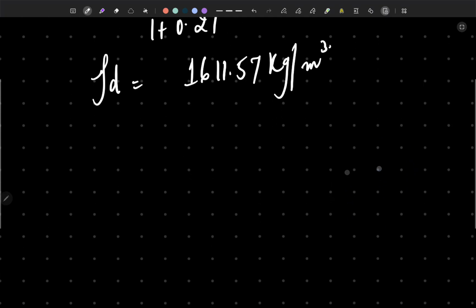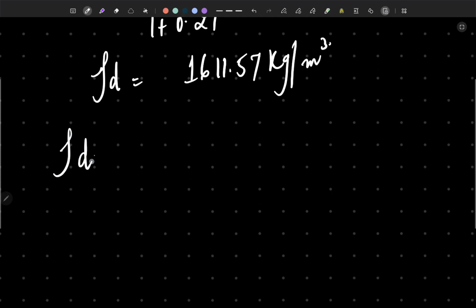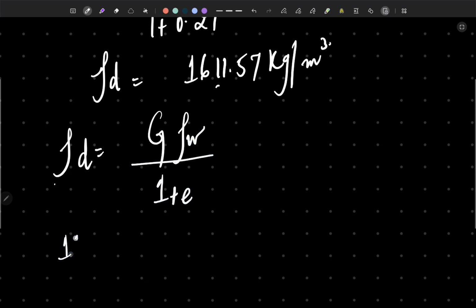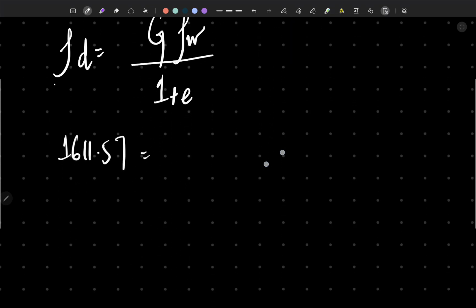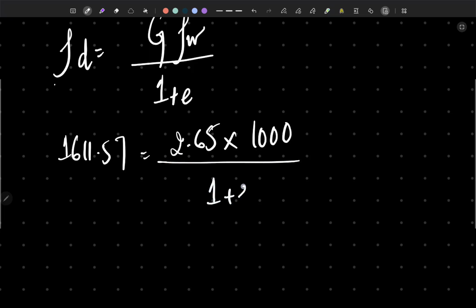We'll use the alternate equation for the dry density because our aim is to find the void ratio. I'll be substituting this value over here, 1611.57. G as given in the question is 2.65. Density of water 1000 kgs per cubic meter, 1 plus e. Upon calculating, e is 0.644.